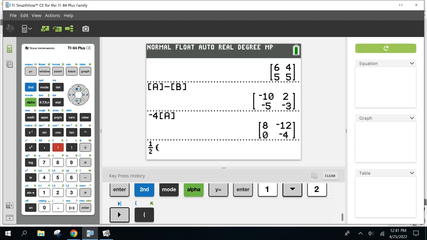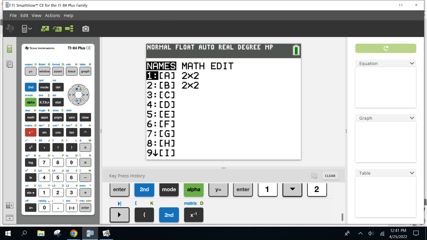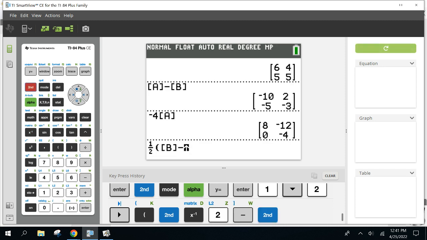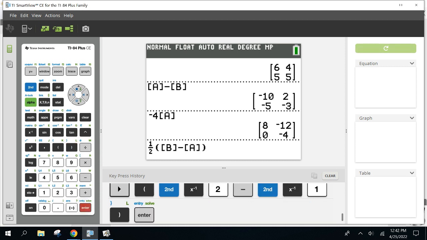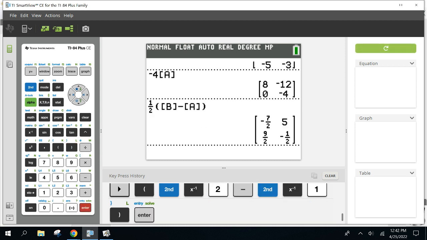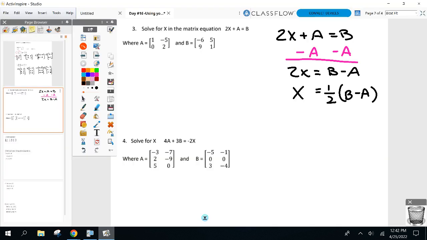And you got to do 1/2 of matrix B minus matrix A. And it'll do the work for you. All good?